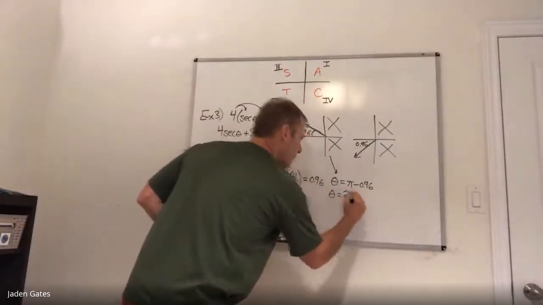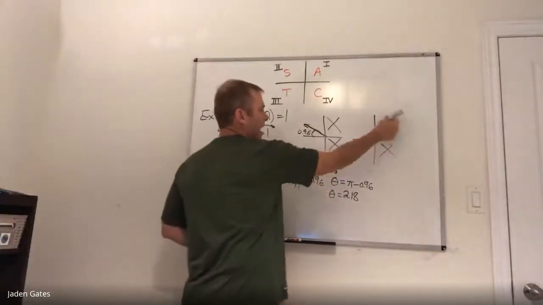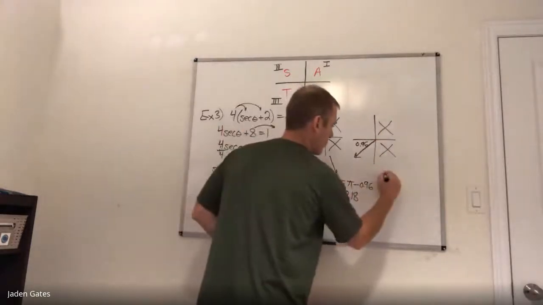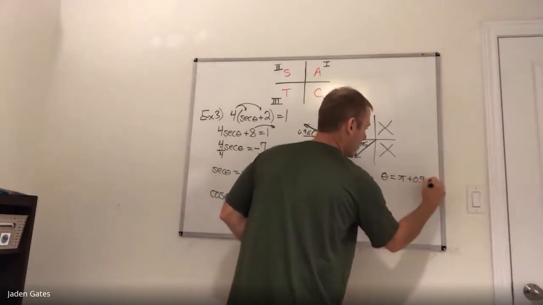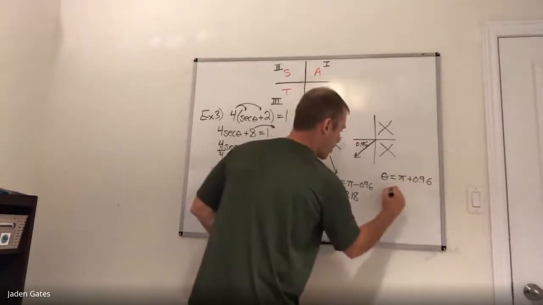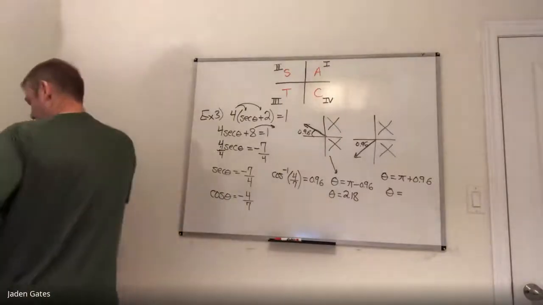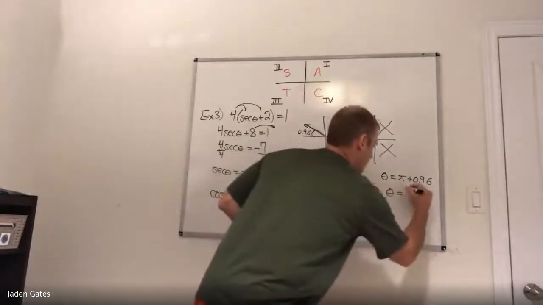So there's one answer. Now the other answer, we have to add 180 degrees, or pi, plus 0.96. So theta is equal to pi plus 0.96. Again, our angles are in radians, so 3.14 plus 0.96, I'm getting 4.1.